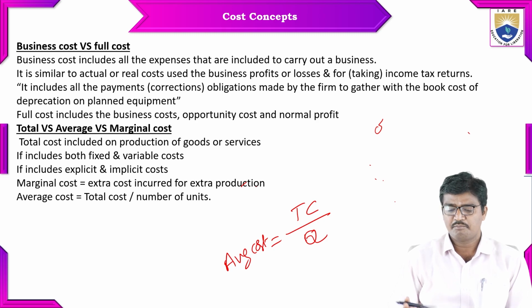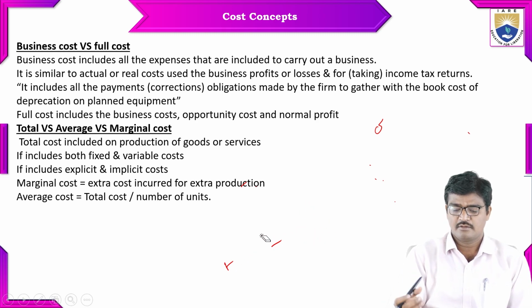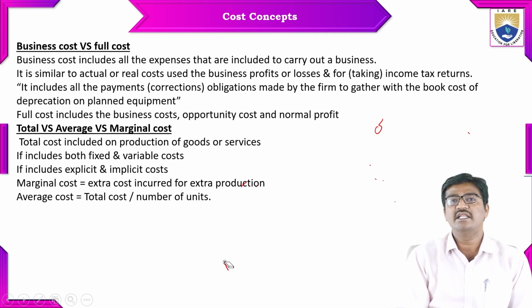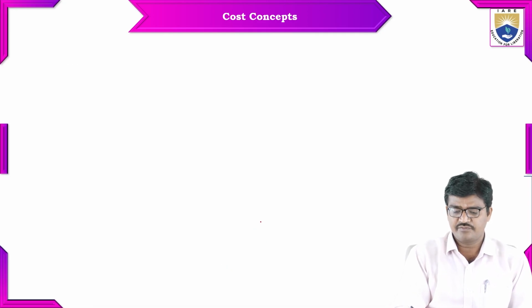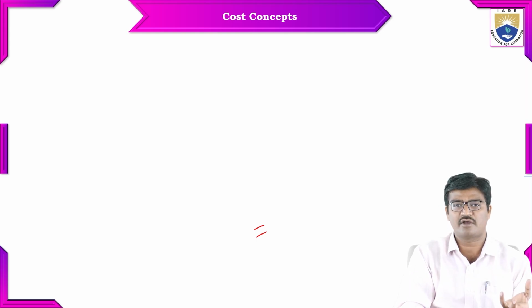And next one, marginal cost. Marginal cost is the amount of additional cost incurred for an additional unit of manufacture. For example, if you have manufactured 100 products, you have incurred some amount of cost. And for manufacture of the 101st unit, you are about to incur some more money.